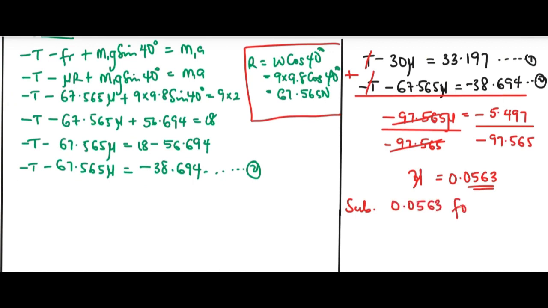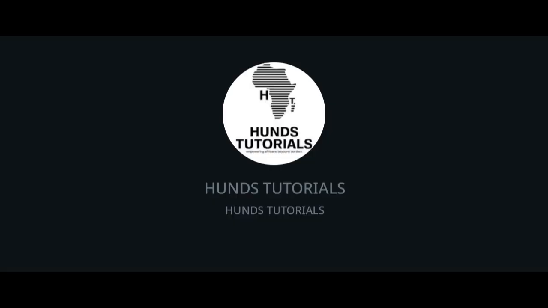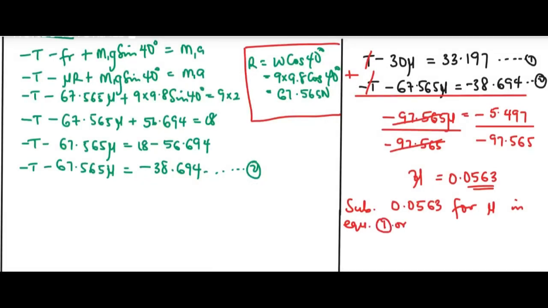Right. So to get the tension, substitute 0.0563 for mu in equation 1 or equation 2. Equation 1 says T minus 30 mu equals 33.197. So I can substitute, saying T minus 30 into bracket of 0.0563 equals 33.197. So what will be my answer?